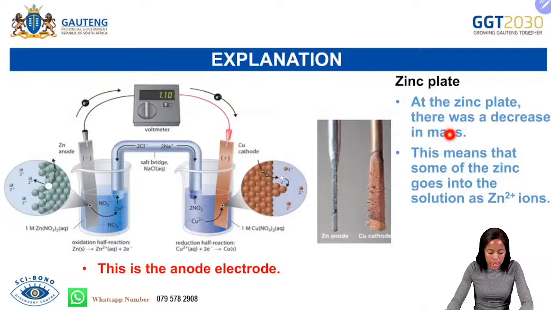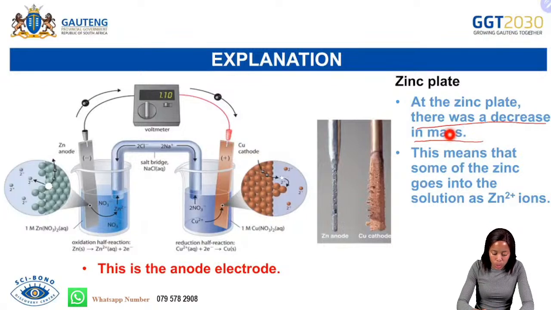Okay. Next, we have the zinc plate. It says what is now going to happen at the zinc plate. At the zinc plate, there was a decrease in what? There was a decrease in the mass there. Okay. So with the zinc, we are saying that we are moving from Zn solid, because it's the anode half reaction, Zn solid to Zn2+ aqueous plus 2 electrons.